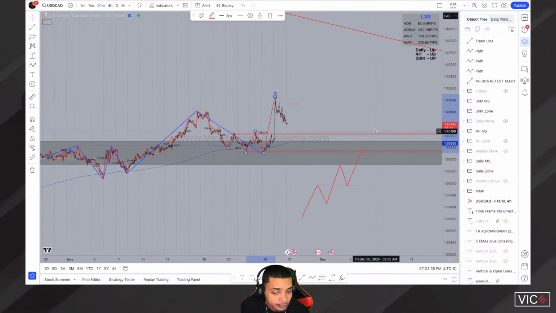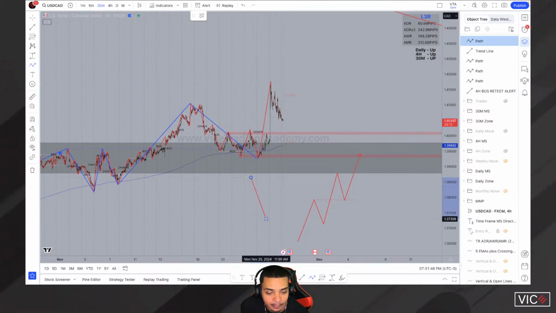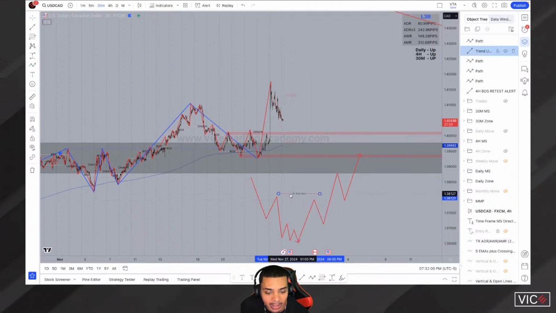All right. So in this example, we had a change of character. Price changed to the top side. So what we're looking for in a change of character is price changing to the top side.